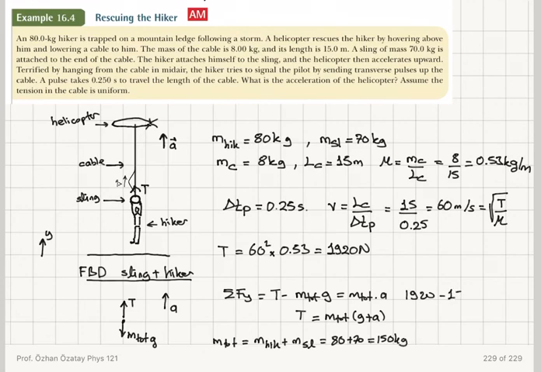So this will be 150 times 9.8 meters per second squared, plus a, equal to 150 times a... so I find that the acceleration should be 3 meters per second squared.